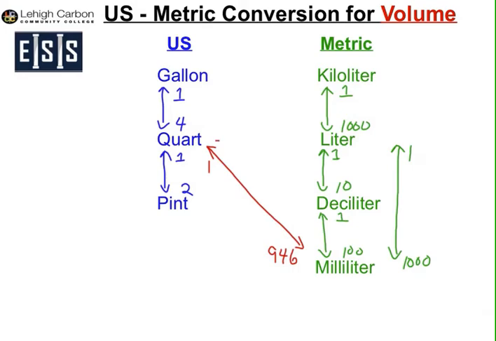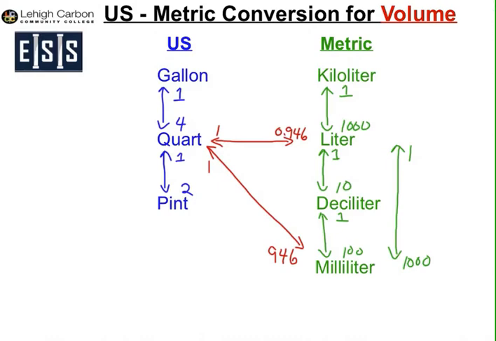The other one that I occasionally see students being comfortable with is 1 quart is 0.946 liters. If you notice, the numbers only differ by 1,000 because the milliliter is 1,000th of a liter.